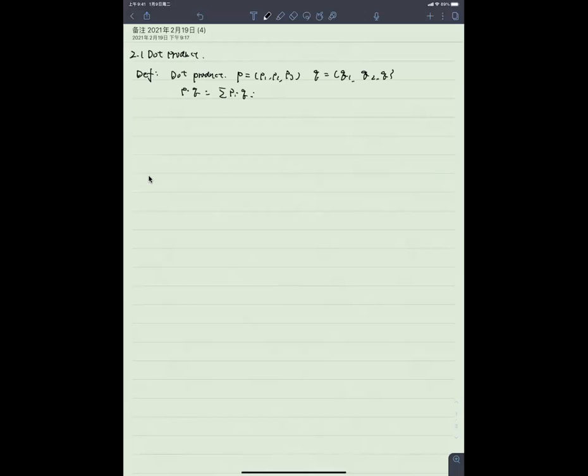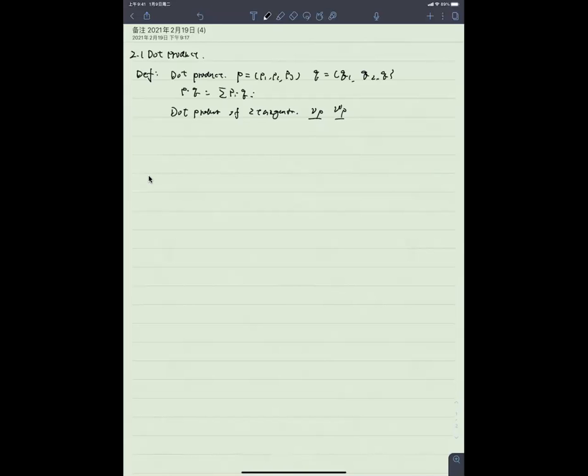For comparison, there is also the dot product of two tangent vectors, which are a Vp and a Wp. These two tangent vectors should be at the same point.